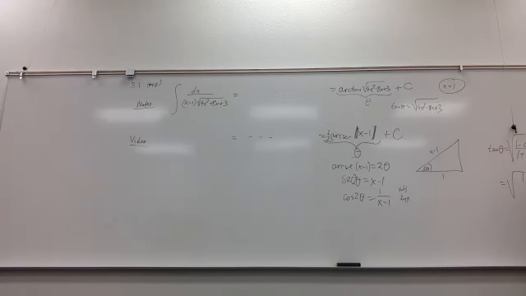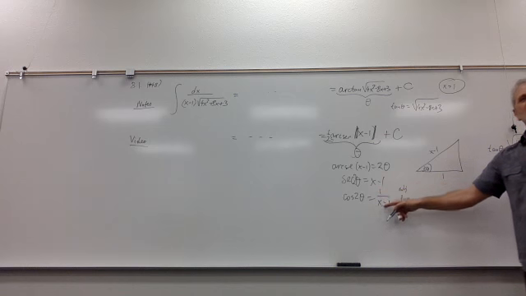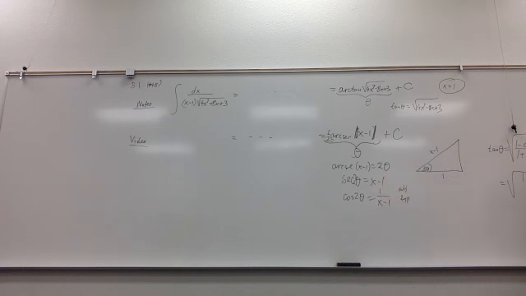Square root of 1 minus, how much is cosine theta? 1 over x minus 1, over 1 plus 1 over x minus 1. If I multiply by x minus 1, we get x minus 2 over x. So tan theta is square root of x minus 2 over x.